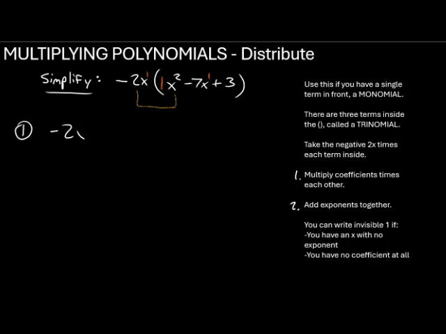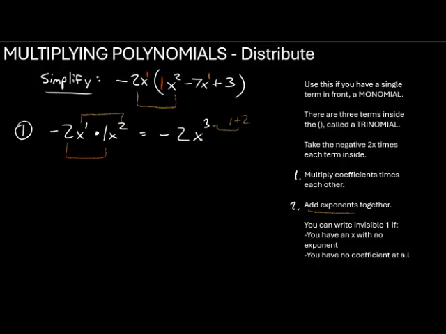If we are taking negative 2x to the first times 1x squared, first let's do the coefficients. Negative 2 times 1 will give us negative 2. And then the exponents. If we have x to the first times x squared, we will add the exponents together. This will give us x to the third power because third power is the same as saying 1 plus 2.